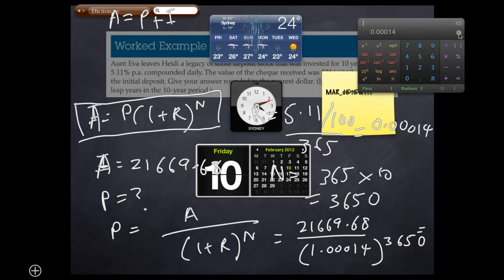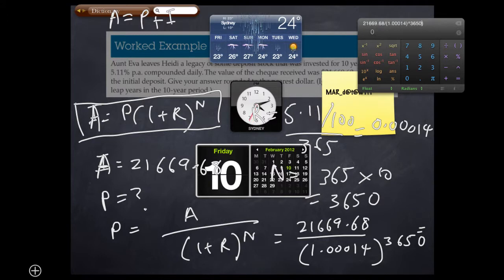So let me just clear that. Now 21,669.68 divided by 1.00014 to the power of 3650.